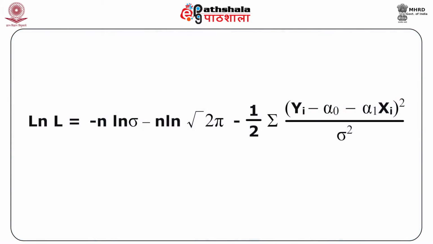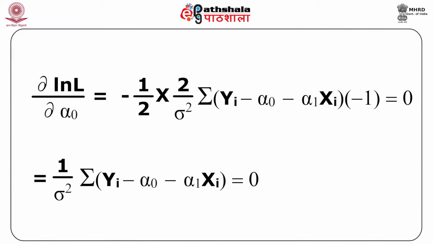Rewriting the above equations with maximum likelihood estimates, we get log L is equal to minus n log sigma minus n log root 2 pi minus half sigma (yi minus alpha naught minus alpha 1 xi) whole square divided by sigma square.